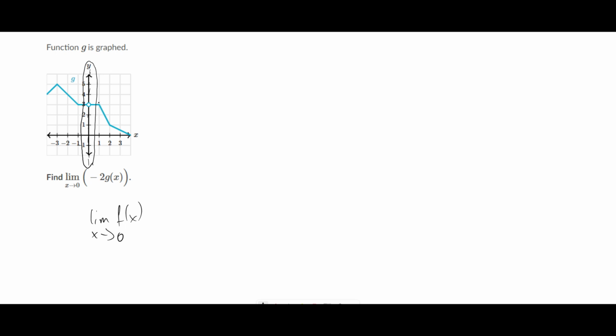Yes, so the right side and left side of the border are approaching 3. Yes, 3. Here and here. So in that case, the limit is just 3, right? So the limit is 3 normally, yes?